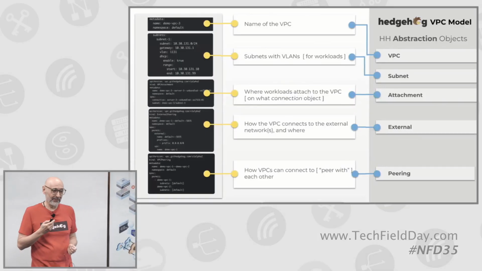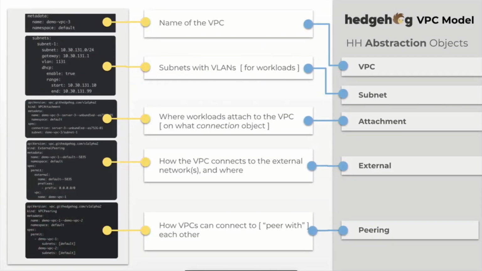So the model, right? Since we're doing abstractions. The main construct is VPC, and VPC has a number of subnets. For most of the switching stuff, the way you hook up the external compute to the VPCs is through attachment.